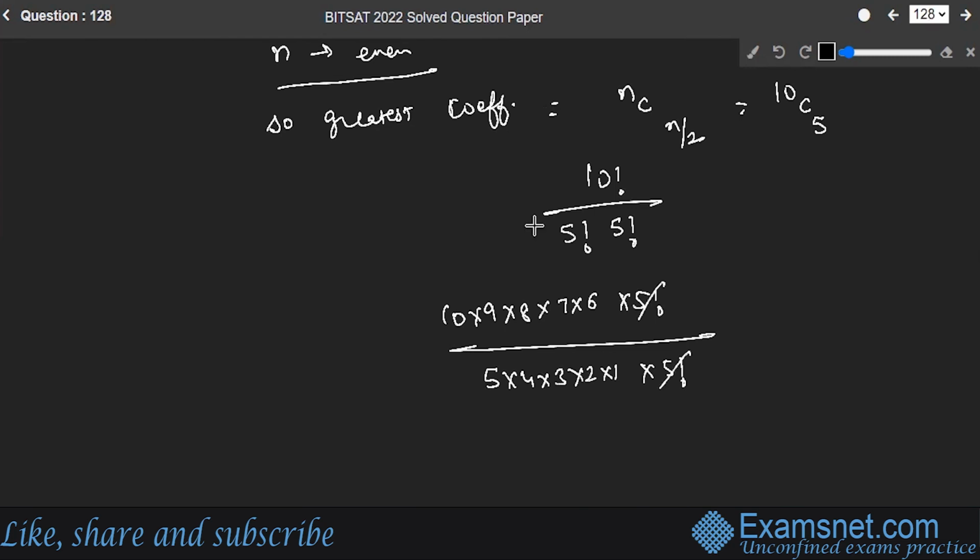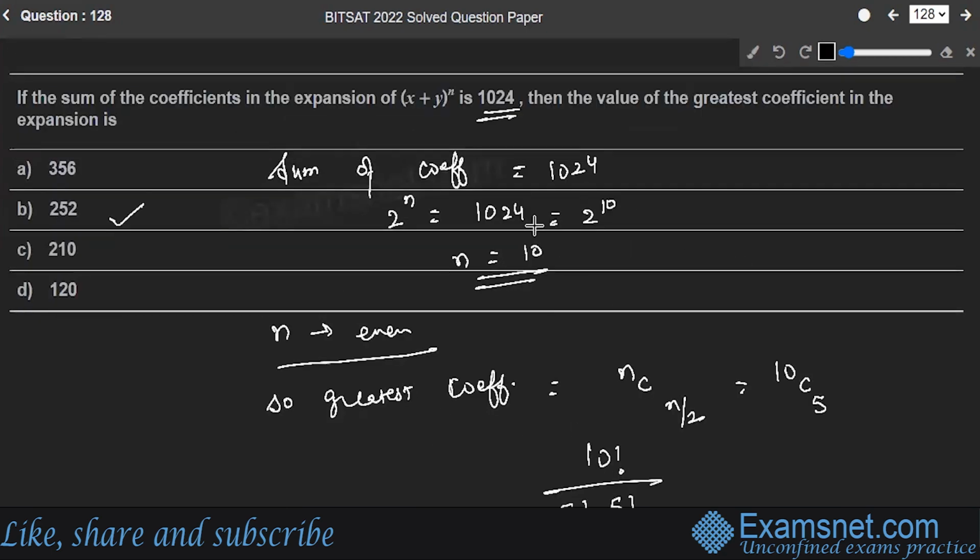These two will cancel. So 5 to 10 will be gone, and 4, this will cancel like 2 and 2, 3 will be gone. And on solving this, you will get 252. So 252, this is option B.